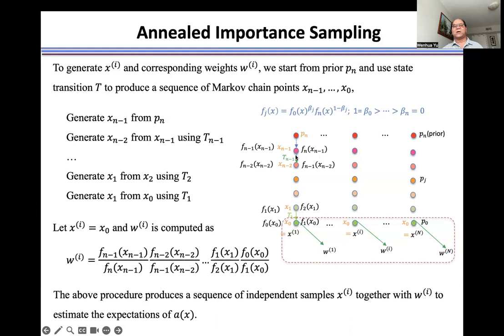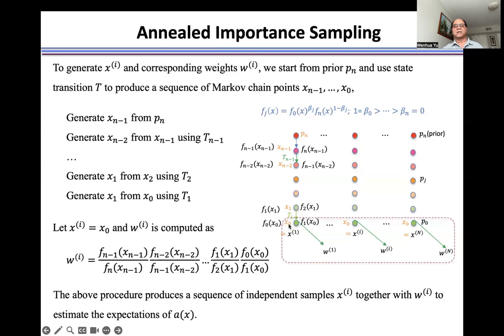And then we use this state transition probability T to generate x n-2. And then we calculate f n-2 and f n-1 at x n-2, step by step until we reach the x0.